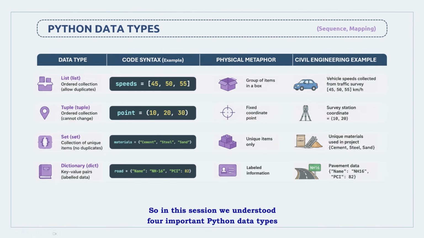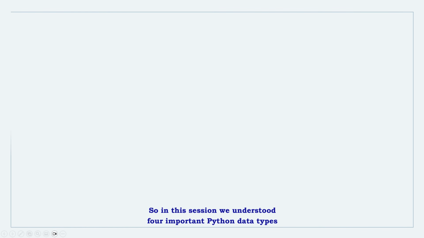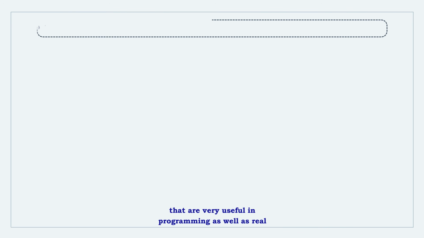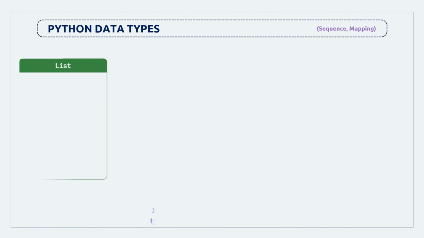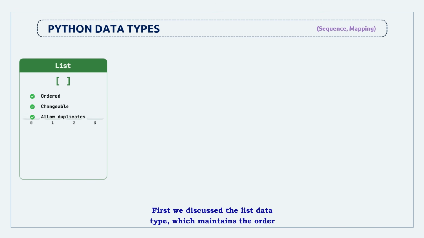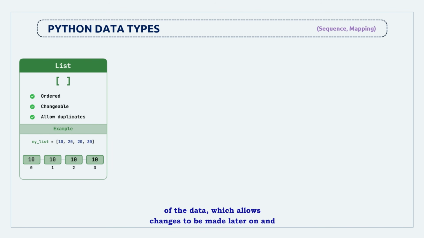So in this session, we understood 4 important Python data types that are very useful in programming as well as real-world engineering applications. First, we discussed the list data type, which maintains the order of the data, allows changes to be made later on, and also permits duplicate values.